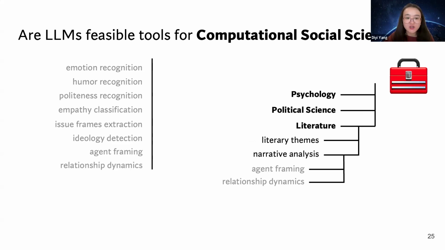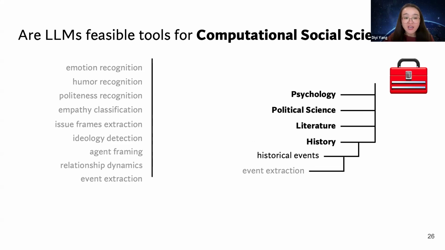When it comes to literature, there may be literary analysis and narrative analysis. We want to understand the agent framing or relation dynamics among characters. In history, we care about how to extract historical events.